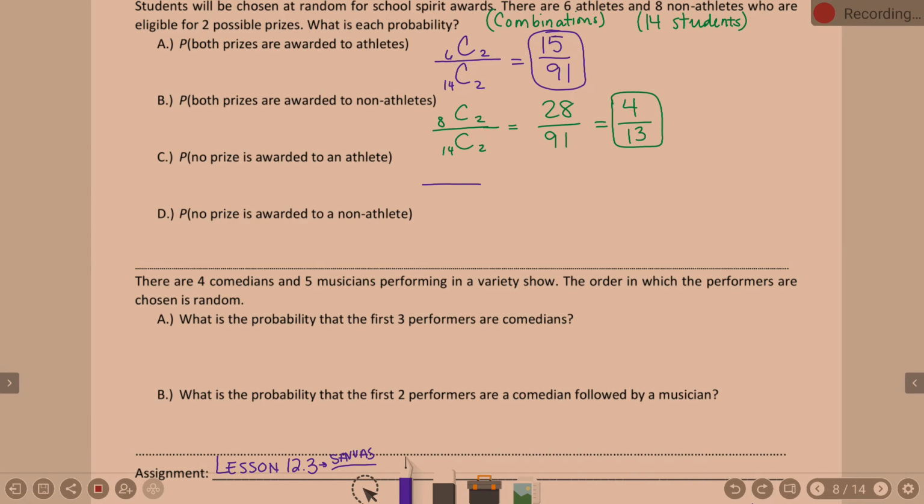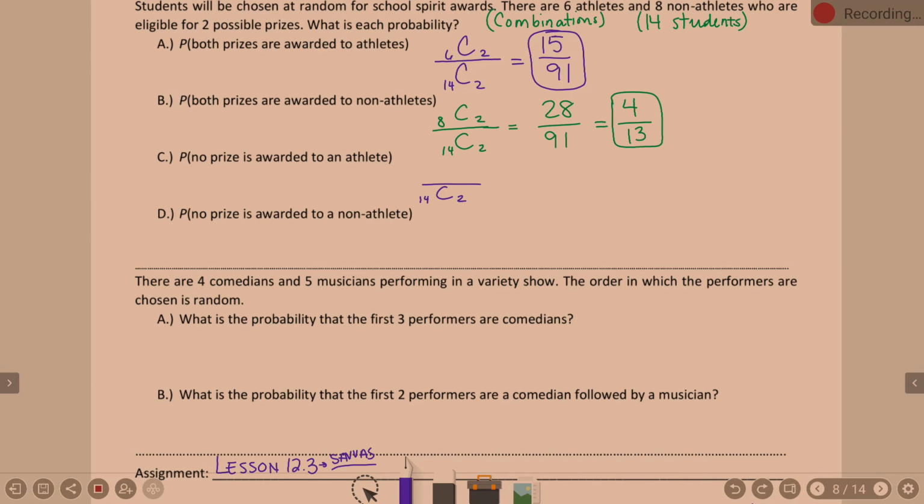Probability no prize is awarded to an athlete. Now, what can you go ahead and say about the denominator? We're still talking about all 14 students, yes? So 14C2. Probability no prize is awarded to an athlete. 8C2 is what I was going to go with, because both prizes would have to be awarded to non-athletes.